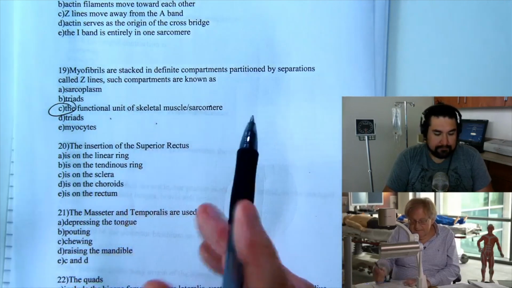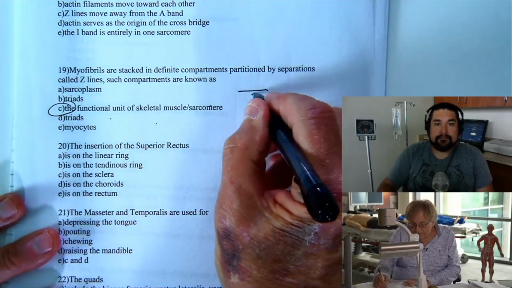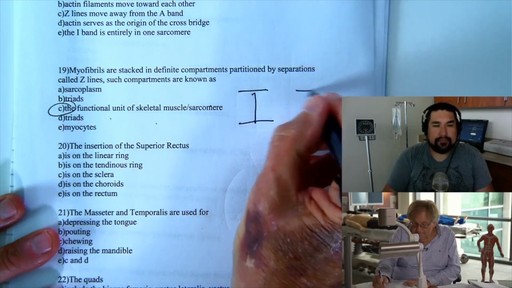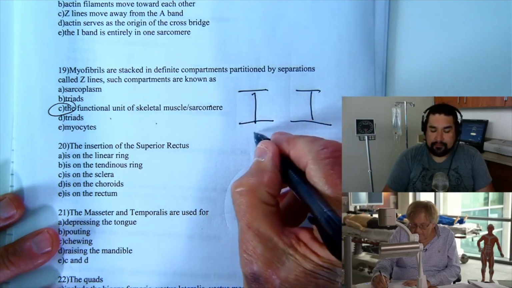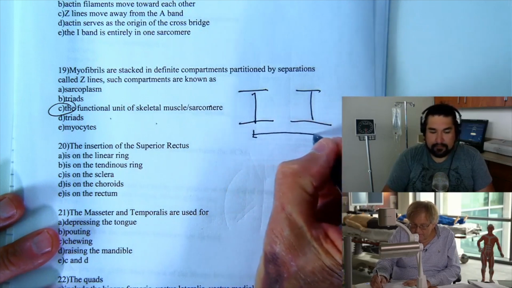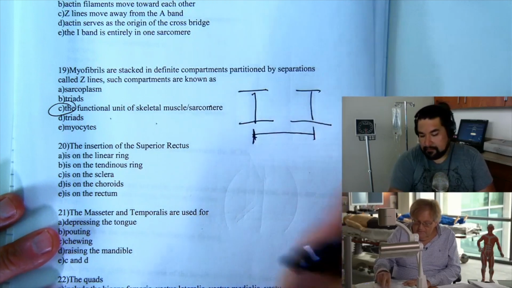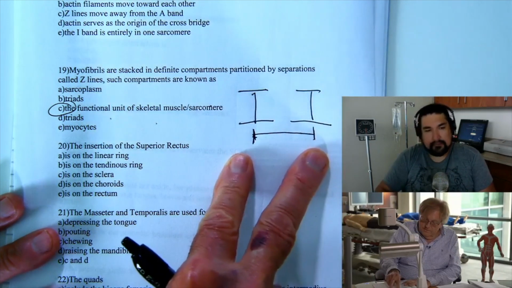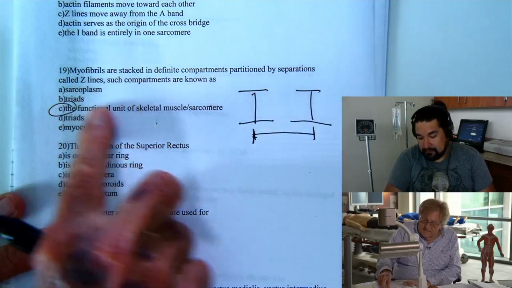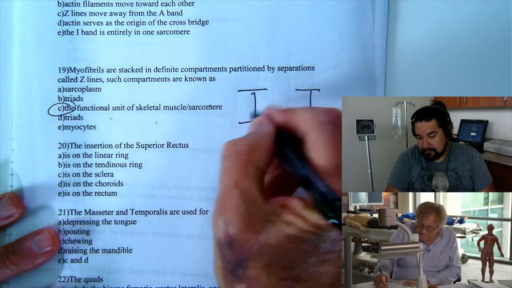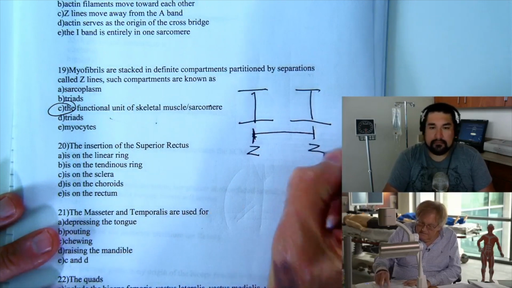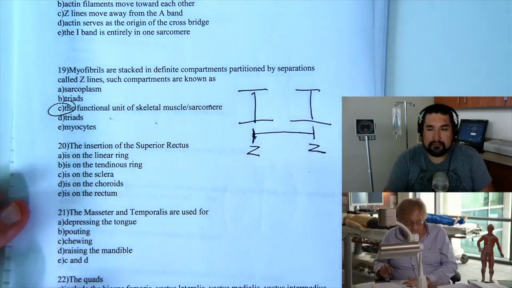If this is your drawing, a sarcomere is from here to here, its separation is called Z lines. That's a Z line, that's a Z line, and between the two Z's is a sarcomere.